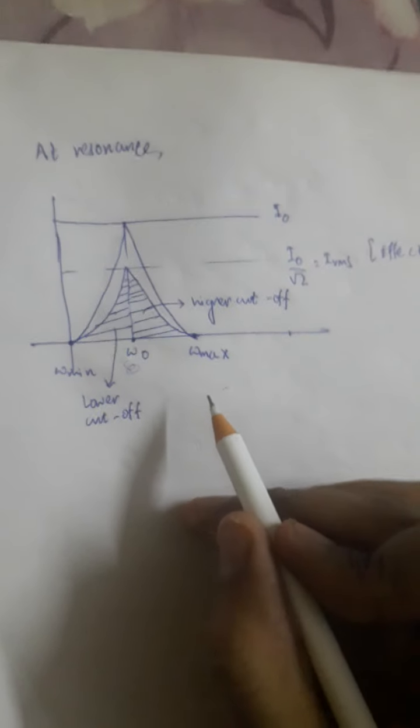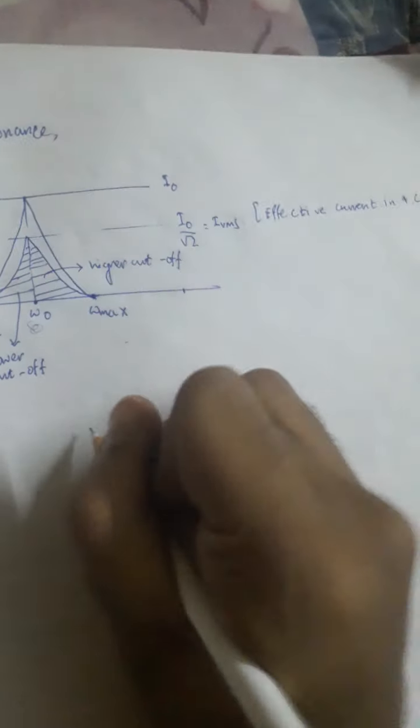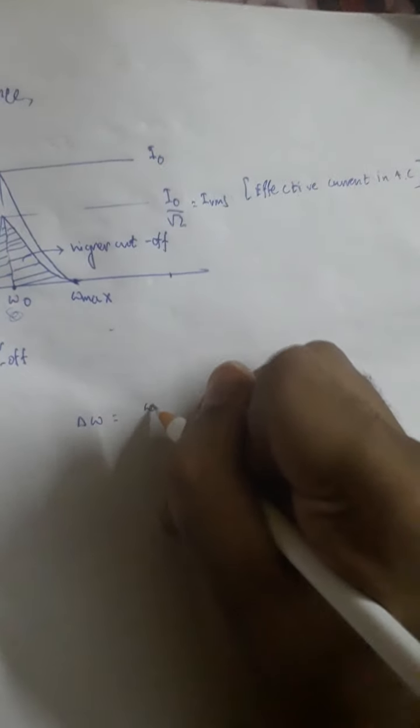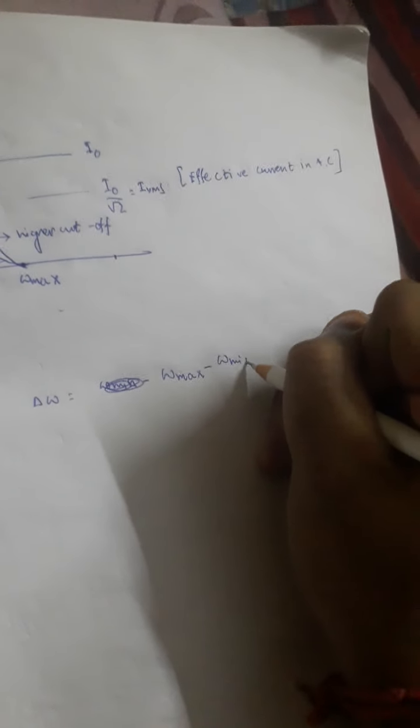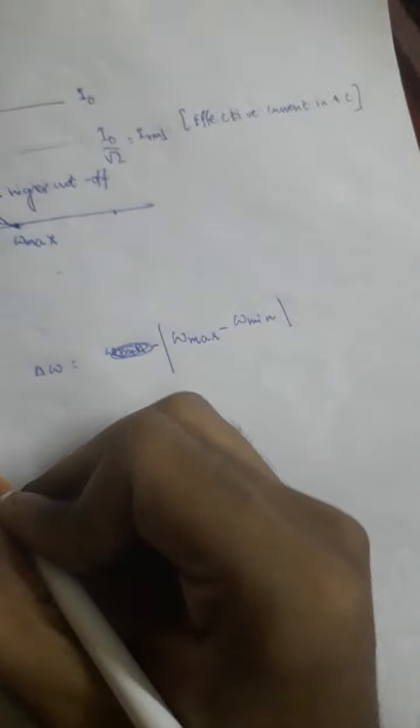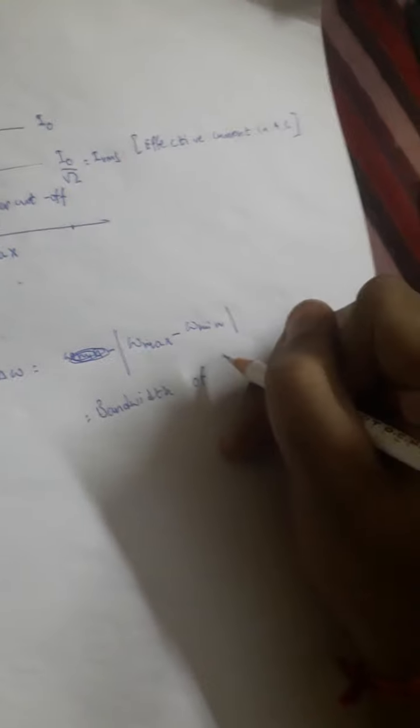It can also be said that del omega, the bandwidth, is equal to omega max minus omega min, whole mod, which is the bandwidth of the signal, meaning the range of frequencies taken.